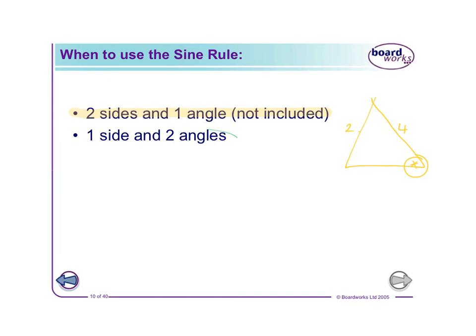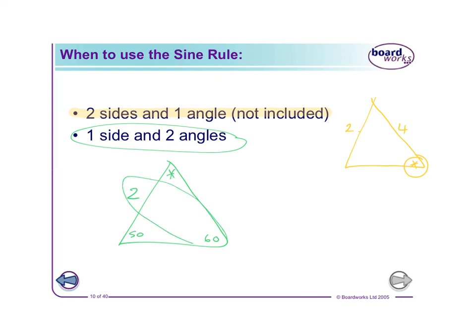Or if you have 1 side and 2 angles, so let's say you have 2 there and you've got 50 degrees and 60 degrees, then you can always find your third angle using angles of a triangle. Here's your complete pair, and that you must have 1 complete pair always. Okay, so you would have a complete pair at all times.